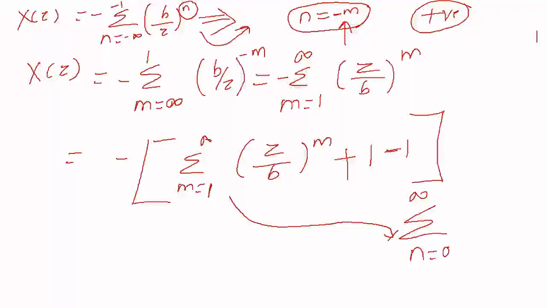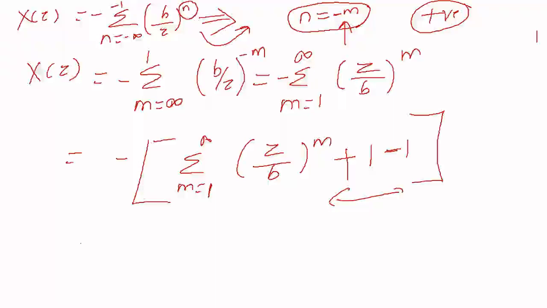Okay, excuse me. So what I am going to do is further modify it like this, so that in the next step I will be getting what I want, right? So this 1 I will be taking outside. So 1 minus summation of m equal to 0 to infinity.